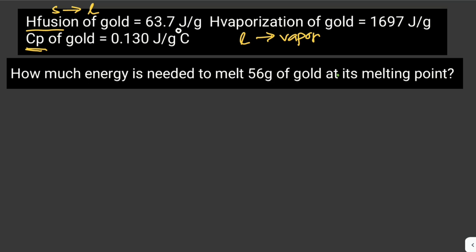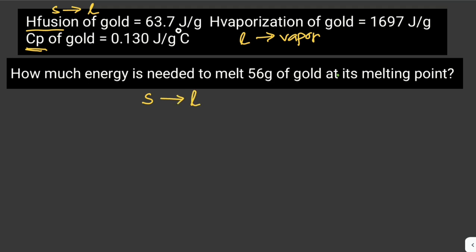All right, so let's solve this problem. How much energy is needed to melt 56 grams of gold at its melting point? To melt gold, so gold is solid, and then we need to melt it. That means it turns to liquid.